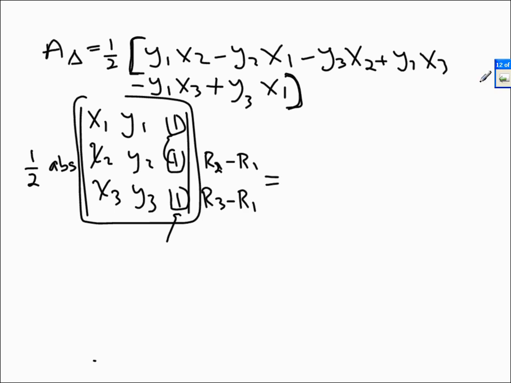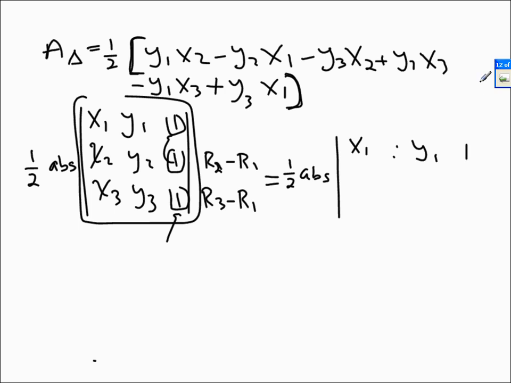So the determinants are still going to be equal. It's 1/2 the absolute value of the determinant. Row 1 did not change. Let me use a little bit more space. Row 1 did not change, but row 2 and 3 did.